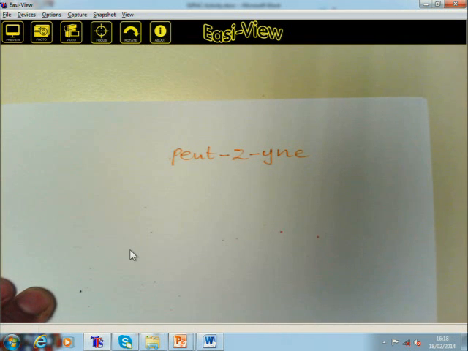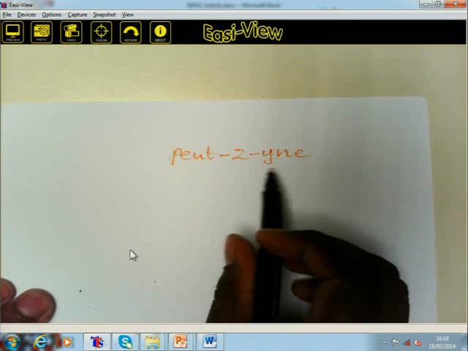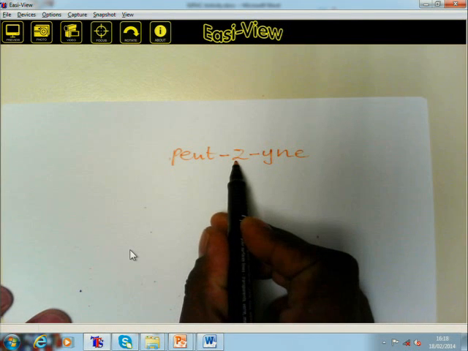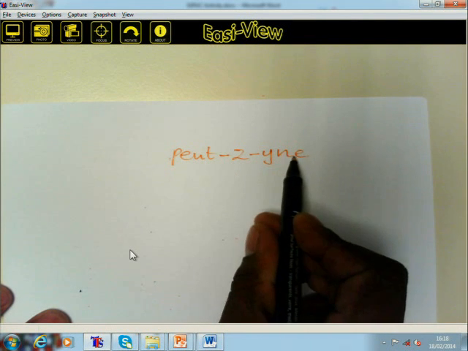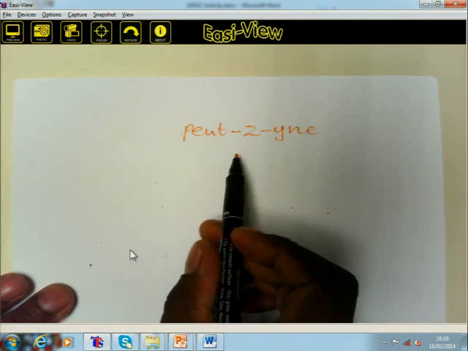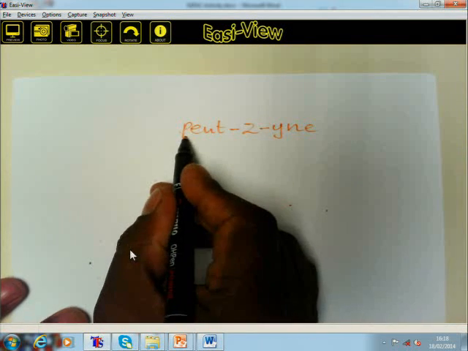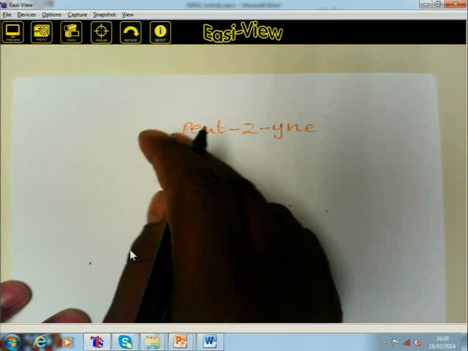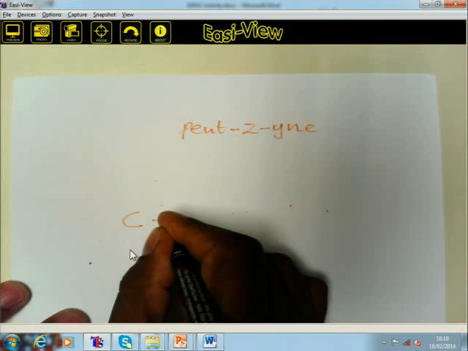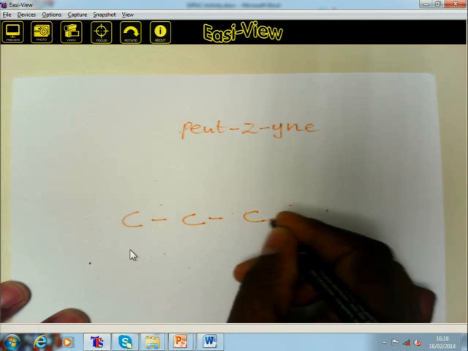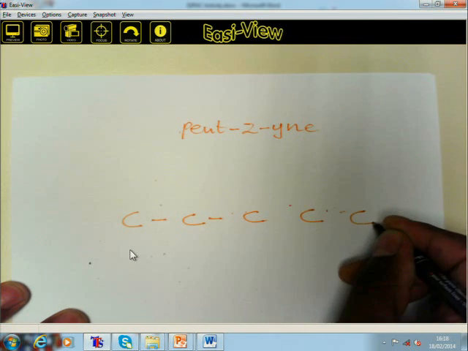All right, pent-2-ine. What does this mean? It means after carbon number 2, I've got the triple bond. So if they say you must draw this, you remember that pent has how many carbons? It has 1, 2, 3, 4, 5.